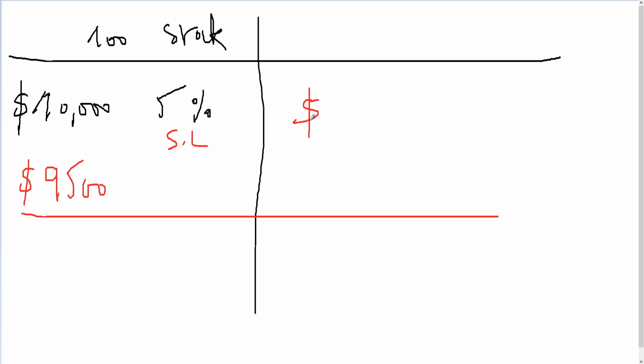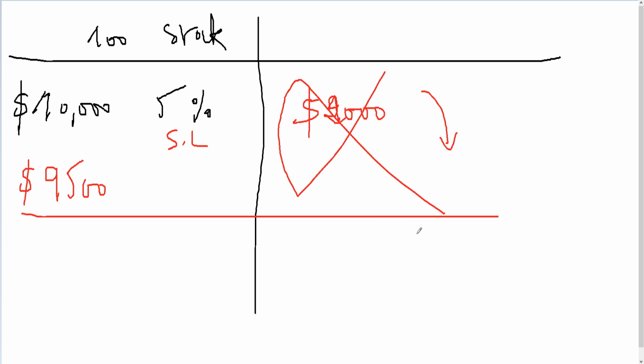Now, if you buy, let's say, one contract, and it is a $2,000 contract, and the stock has been going down, you can lose all of this.